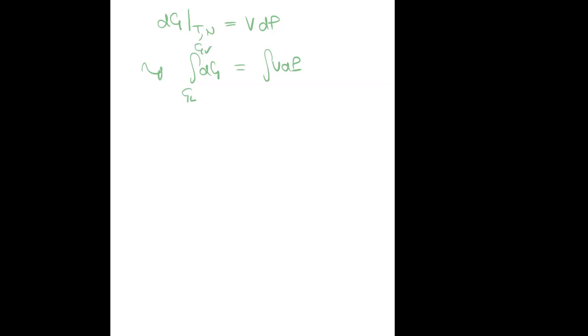And here, the two endpoints are the P in the liquid phase and the P in the vapor phase. Now, what you see from this is that the G in the liquid phase and the G in the vapor phase are the same. So this integral is actually just 0. So in principle, this is 0 equals 0. But let me just write down the 0 on the right.